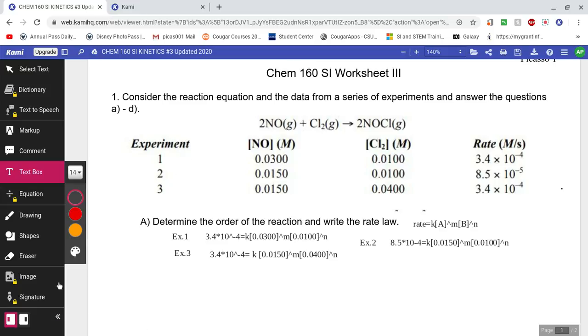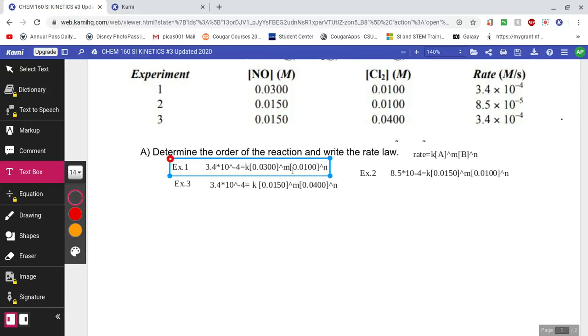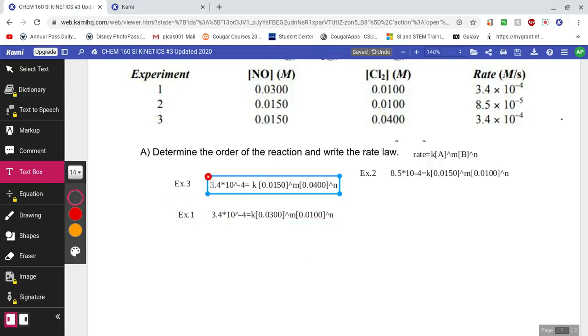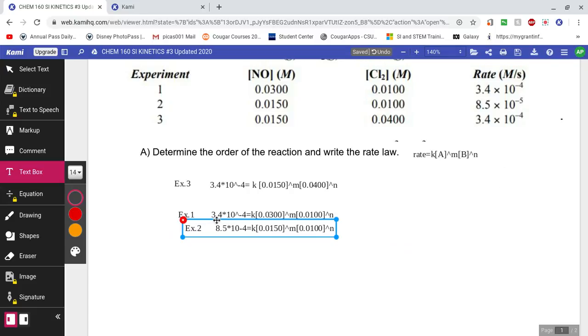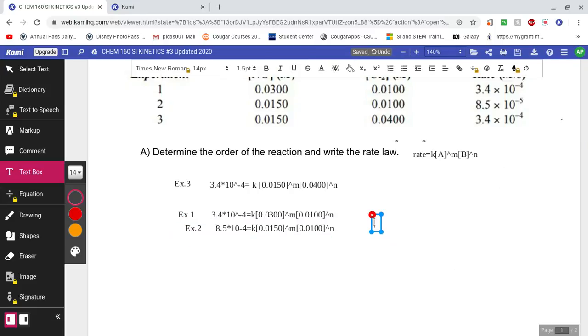Now, I personally like to use the bigger number up top followed by the smaller number on the bottom. That just makes it easier to divide. It gives you whole numbers instead of fractions or decimals. So let's take experiment 1 and simply divide it by experiment 2, like so.